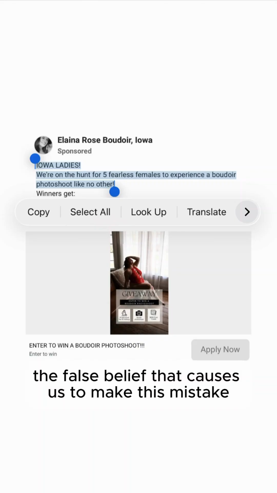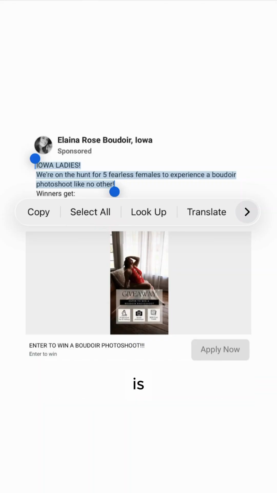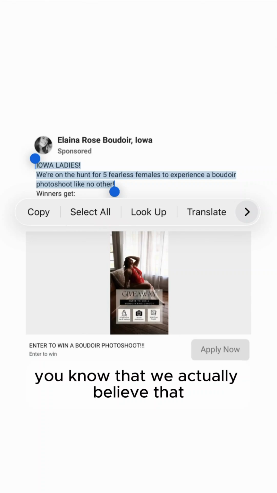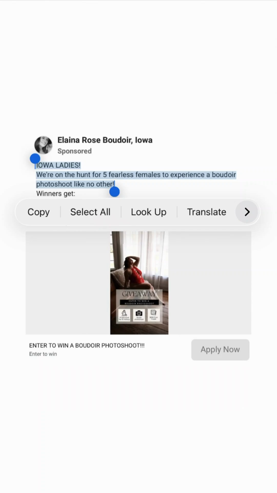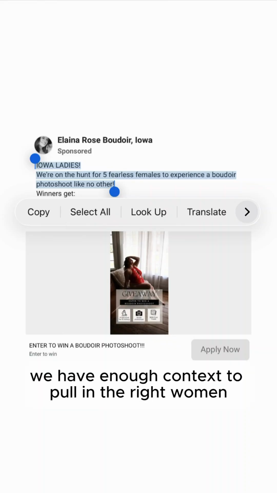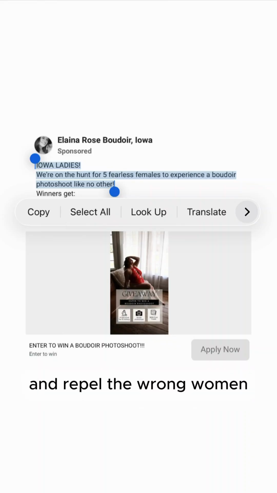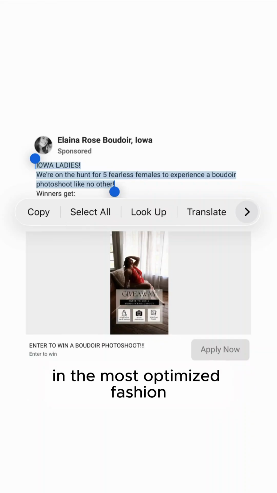The false belief that caused us to make this mistake is that we actually believe we have enough context to pull in the right women and repel the wrong women in the most optimized fashion.